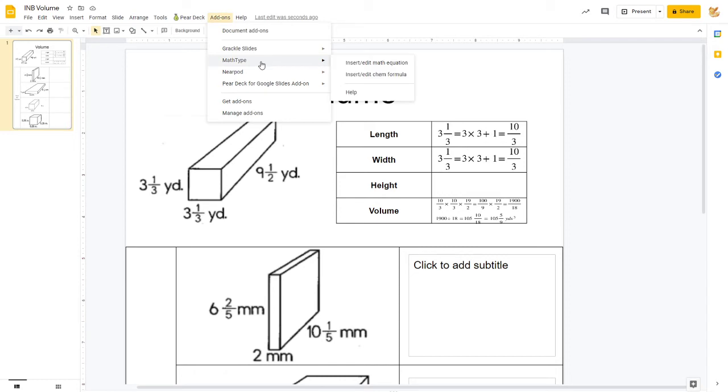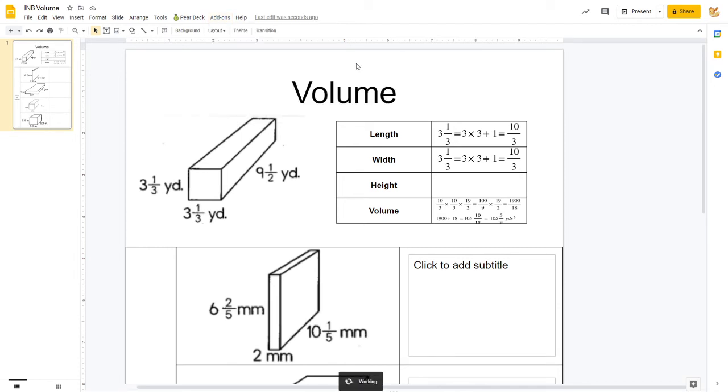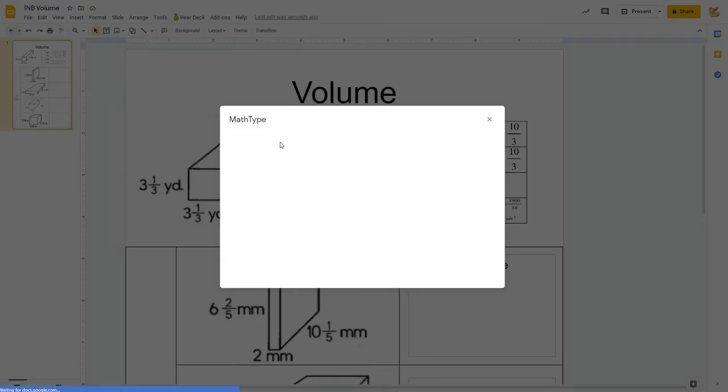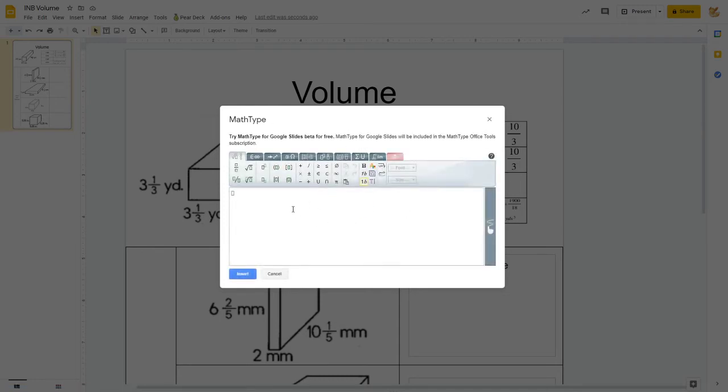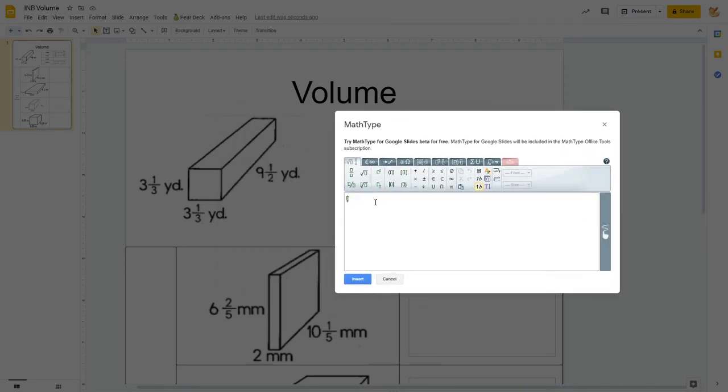Give me a second. So again, you go to add-ons, math type. If you don't have it, you can go to get add-on and look up math type. And here we go. That's probably why it took a while, because it was changing my last one to the new one. So 9 1/2. Whoops. 1/2. Which equals 9.